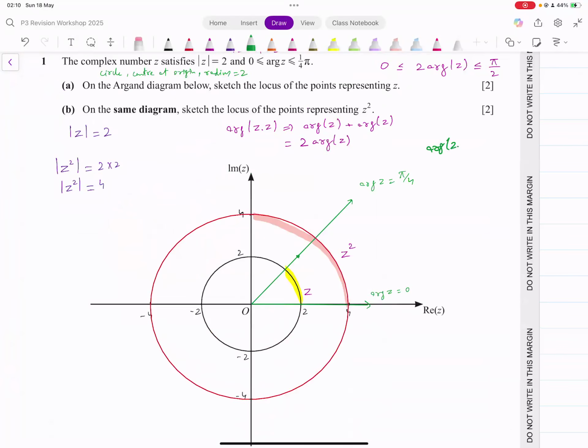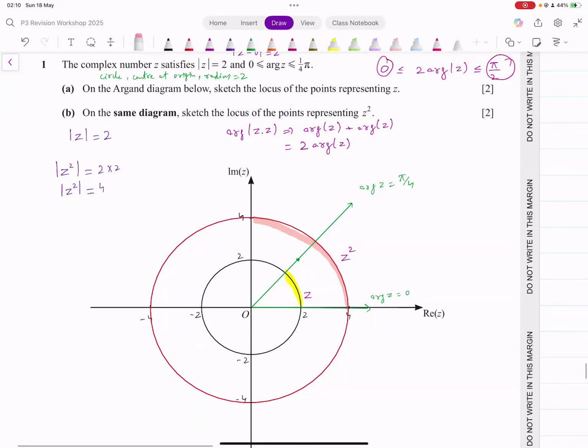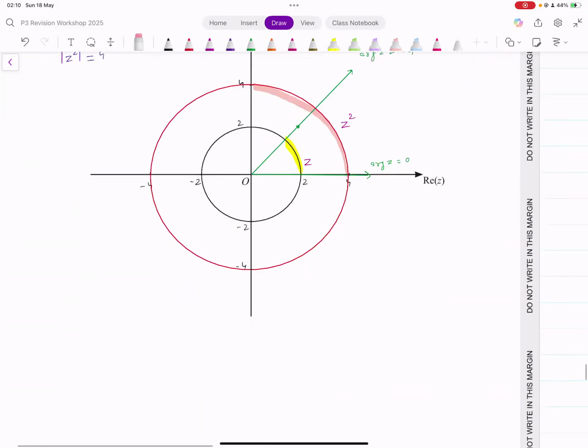Argument of z into z is argument of z plus argument of z. So that's 2 times argument of z. Now, if argument of z was between 0 and pi over 4, what about argument of z squared? Then we multiply this interval by 2. 0 times 2 remains 0. Pi over 4 times 2 becomes pi over 2. So its argument becomes pi over 2 for that reason.